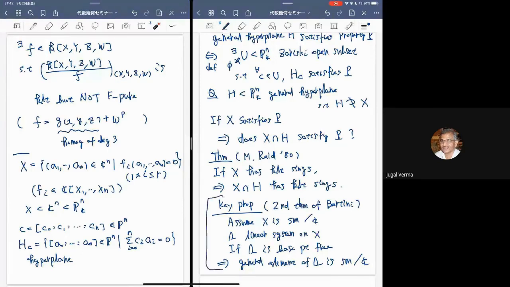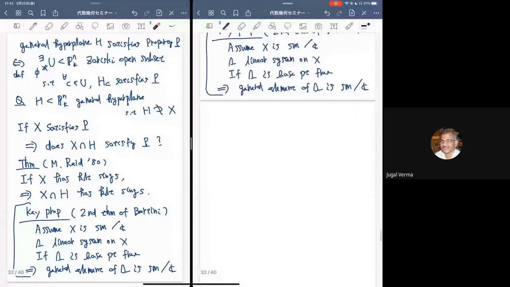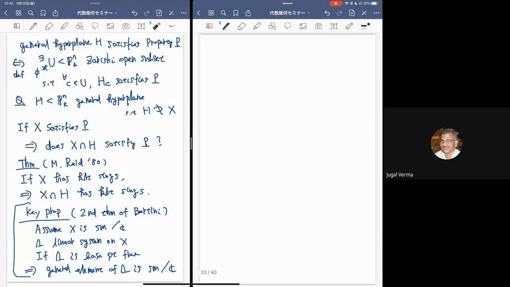And using this, we can prove the following. Let pi be a resolution of singularities. And H is a hyperplane, so H is a subset of X. And we consider the preimage of H. This is a subset of X tilde.